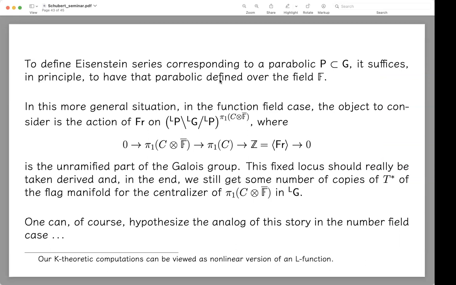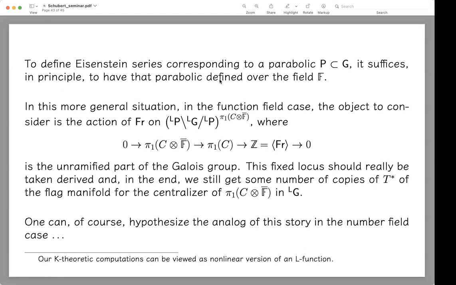But in general, if you have a general Eisenstein problem, you will have to take, in the Langlands dual Lie group, the double quotient by the dual parabolic, and then take fixed points of the inertia subgroup. So that would still be some number of copies of flag manifolds, but now with a non-trivial action of Frobenius.